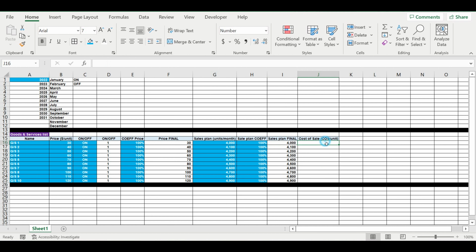Then we specify the direct expenses, cost of sales. So let's say the cost of sales will be, we will have it as a percentage, so it will be 20% of the price, of the final price. So this is the input.